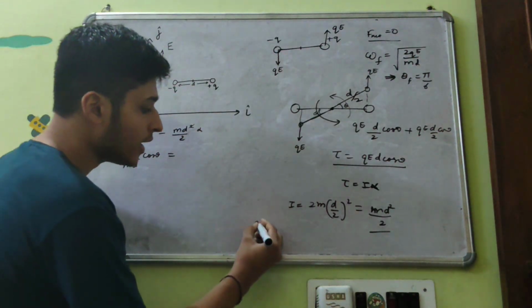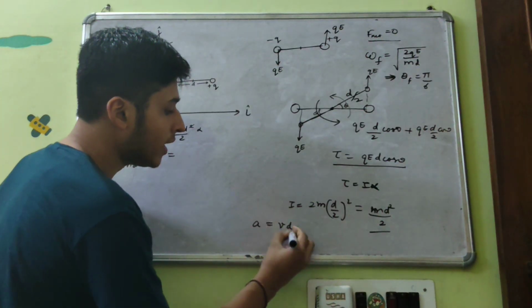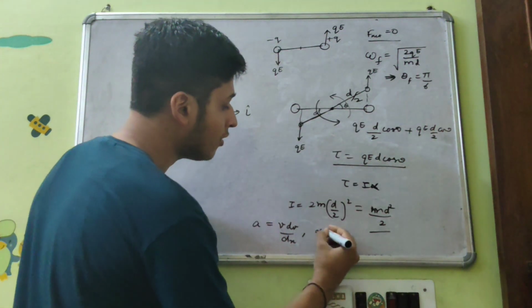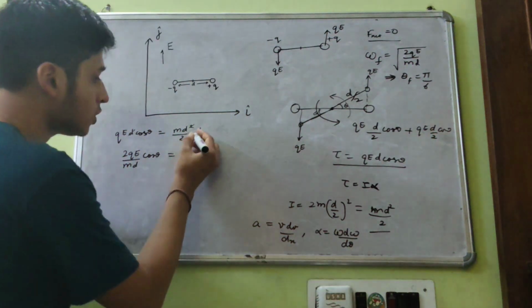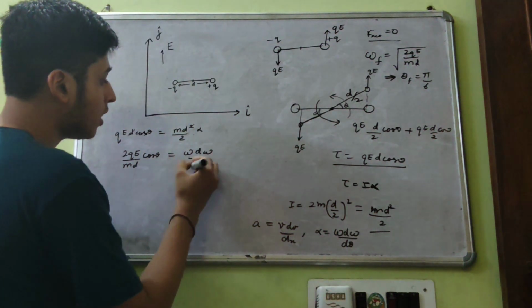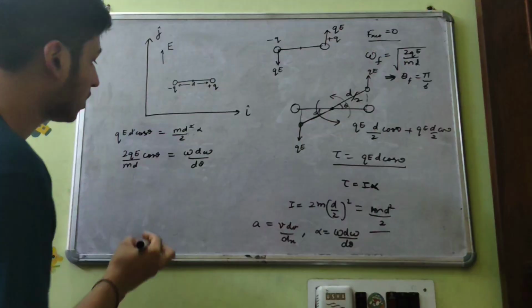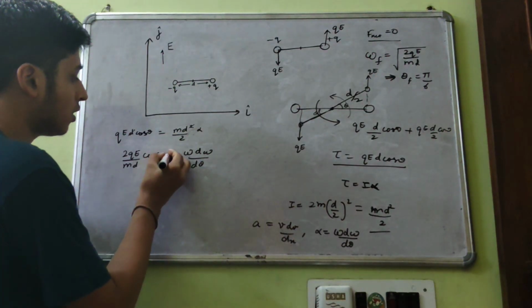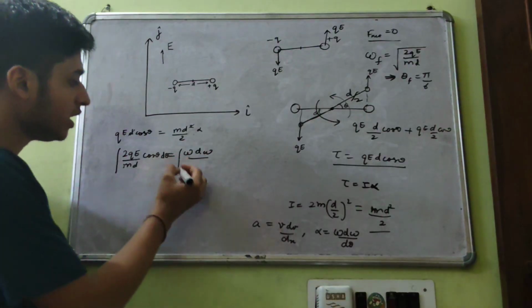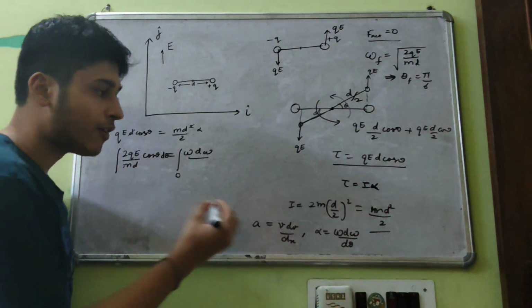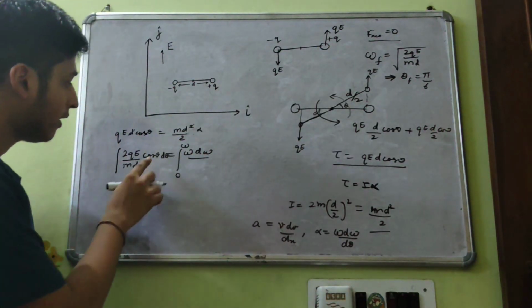We know that just like a equals v dv by dx, similarly alpha equals omega d omega over d theta. So alpha is omega d omega by d theta. Integrating, initially the angular velocity was 0, finally let us say it is omega.